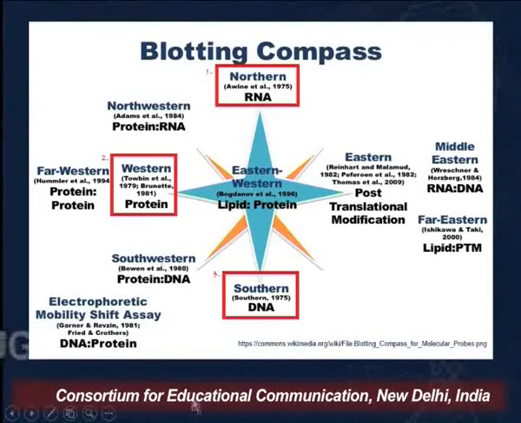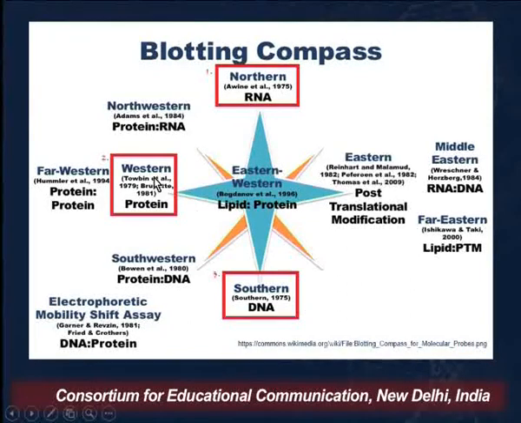There are variations to it, when the template is one thing and the probe or identifier is something else, then we get different kinds of varieties in between. For the eastern one, we generally include the lipids, and there are post-translational modifications also that are detected. So these are basically just variations of it.